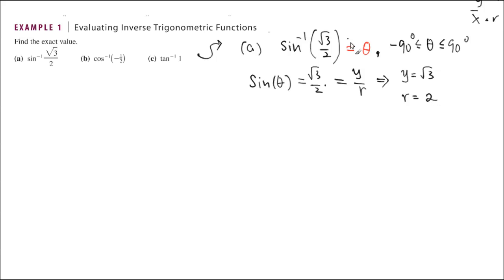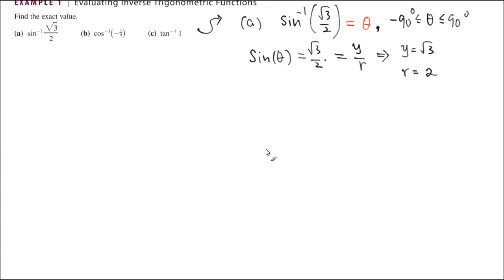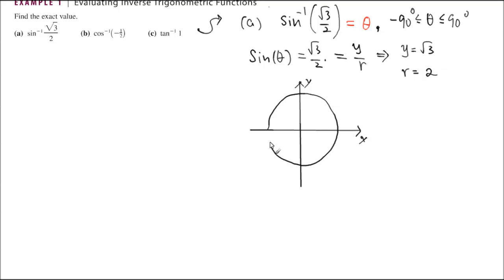Then the next thing I did is I go into the circle. This time, I don't have to think about which quadrant and all that. Theta is in where? First and fourth quadrant. We already know that. Okay? So here is a circle. And the radius is what? 2. And the y coordinate is root 3.